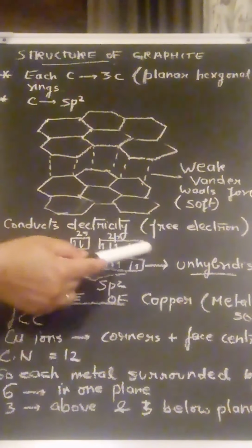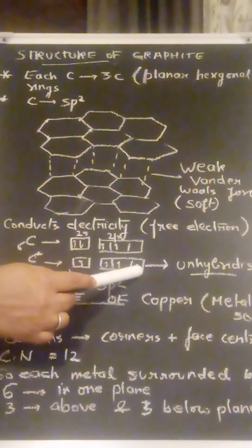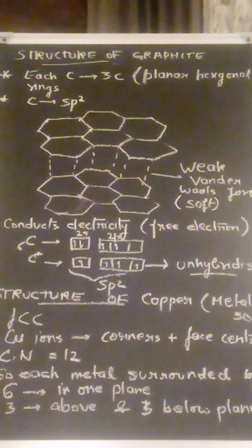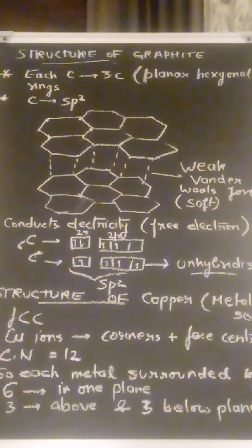It is this unhybridized orbital carrying a free electron which is not involved in any bonding, and because of this free electron, graphite can conduct electricity. So the main points in the structure of graphite are that you have to understand why it is soft, why it conducts electricity, and the hybridization in it.